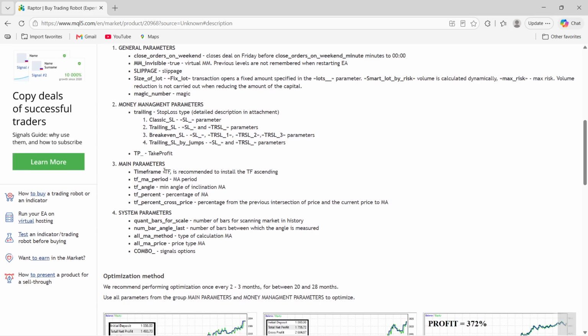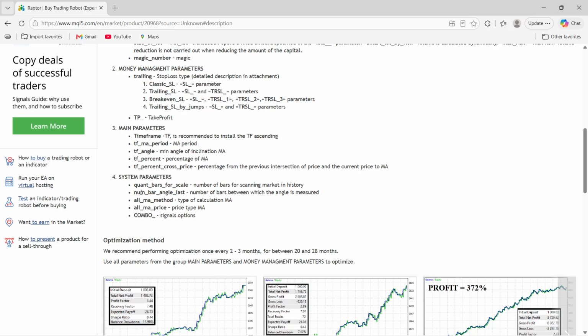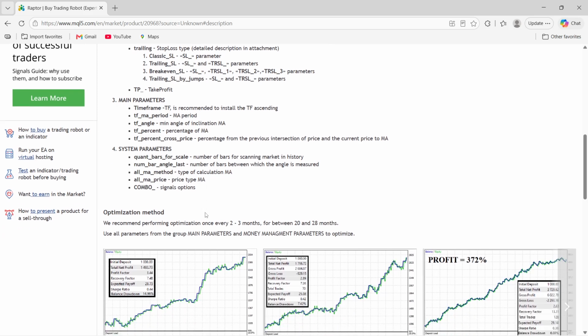Then we have the main parameters: time frame, the TF MA period, TF angle, TF percent, and the TF percent cross price. Then the system parameters made up of the quant bars for scale, number angle last, or method, type of calculation MA, or MA price, price type MA, and then combo, signals, options.